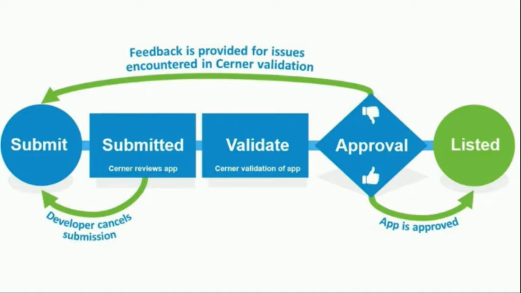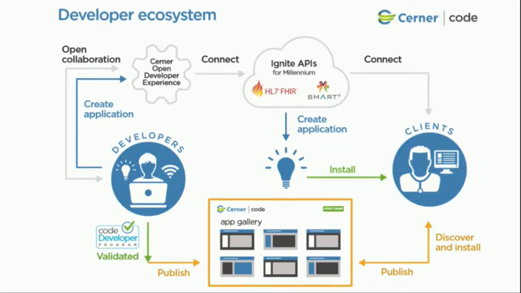Listing an app is different than selling an app, if that makes sense. It's a free app versus a paid app. The developer ecosystem, more of the same. You have developers creating apps, they publish, they have clients, and so forth.